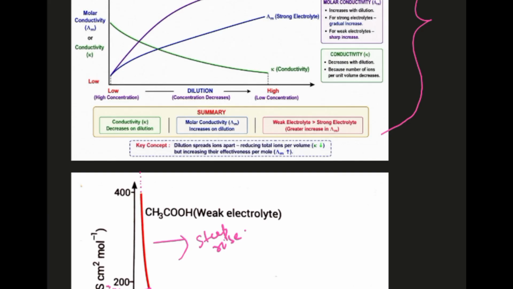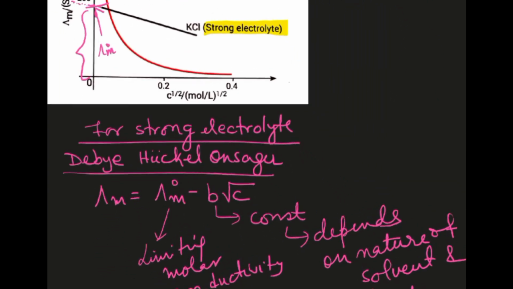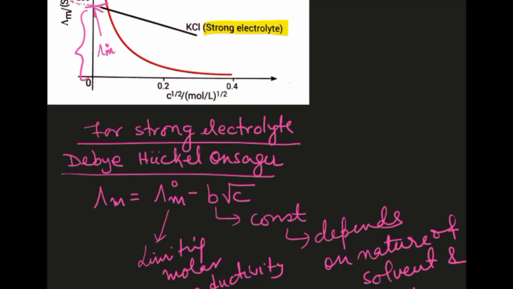The plot may be given and you may be told to explain the trend. This plot explains how decrease in concentration affects lambda m. So till this, in the next module, we'll discuss Kohlrausch law.